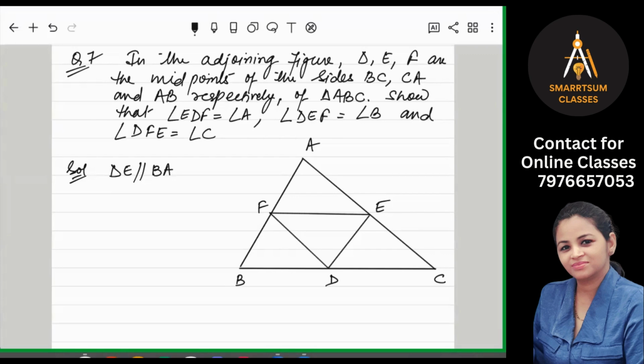So DE is the line joining the midpoints of the two sides of the triangle ABC. D and E are the midpoints of BC and AC, and this line DE will be parallel to AB according to the midpoint theorem.